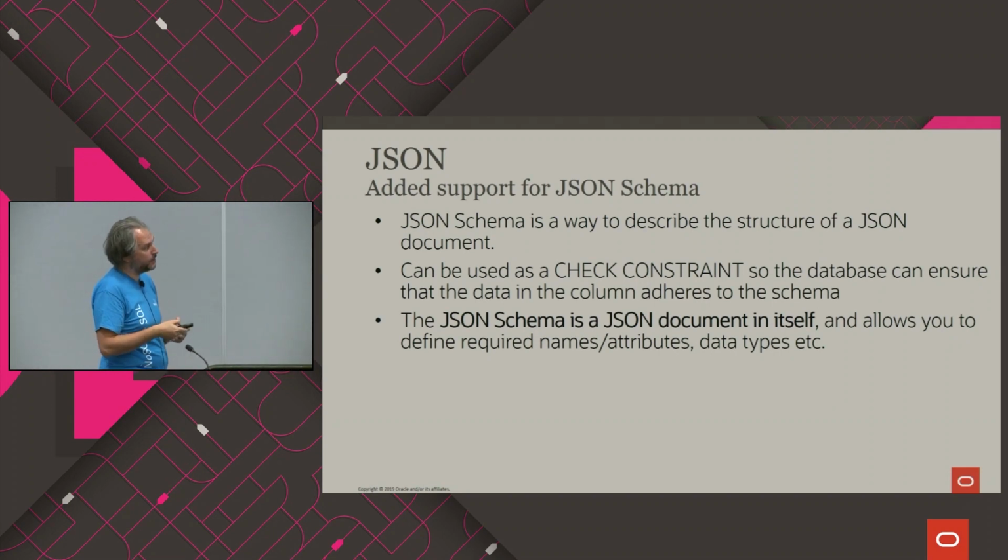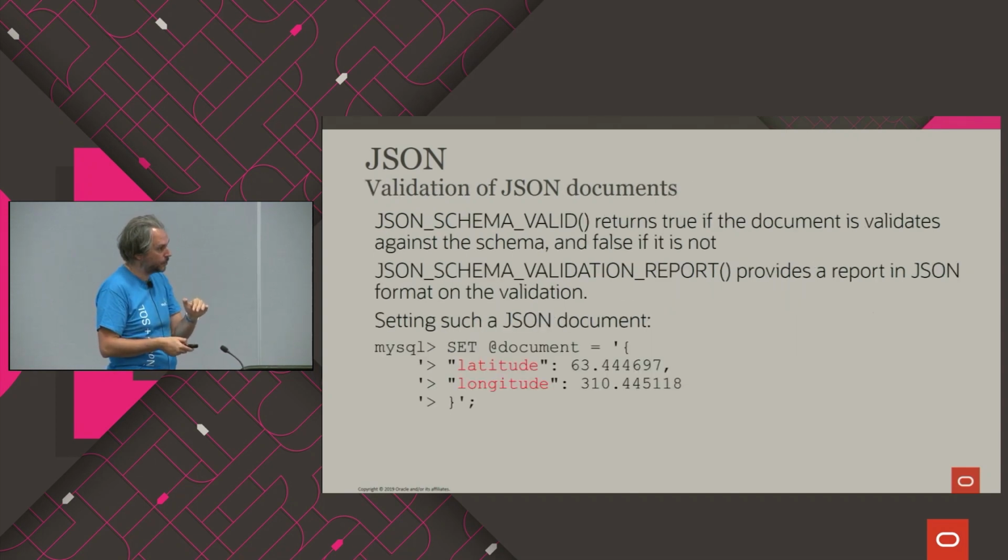Now you can create a table with a JSON schema validation. So when you provision a record with a JSON, if the JSON is not validating against its schema, it is rejected.